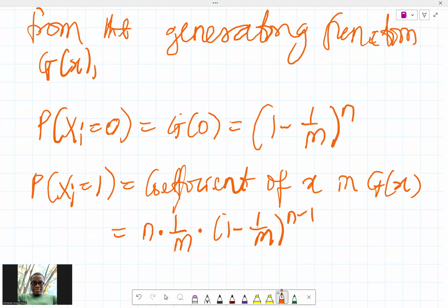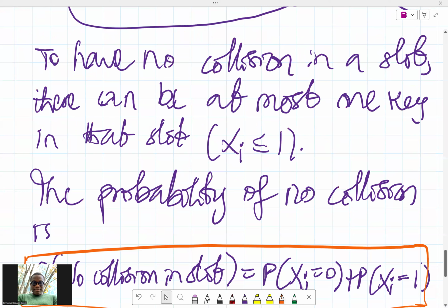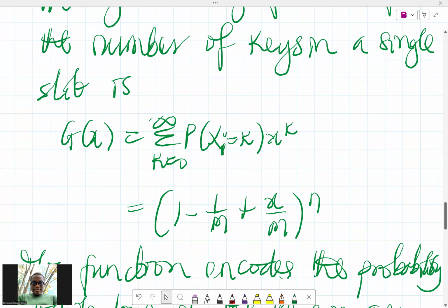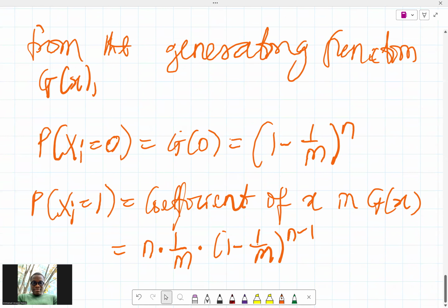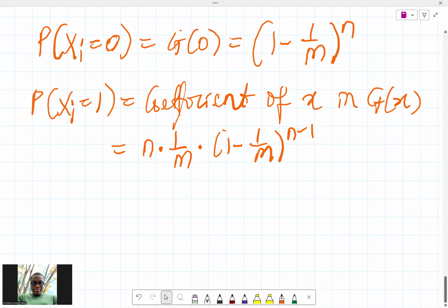So that's the coefficient of x. Because if you look at the whole expression, if you take x out of this place, what is going to be left is all this big expression. So you have n times 1 over m times (1 minus 1 over m) raised to the power n minus 1. That's the coefficient of x in that place.